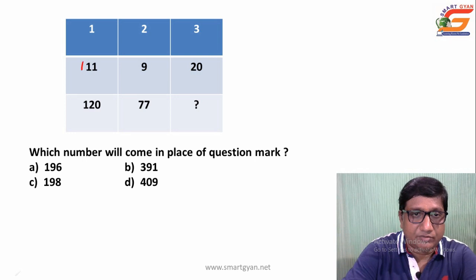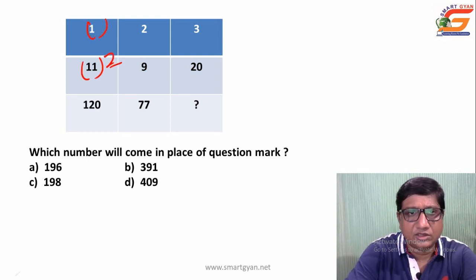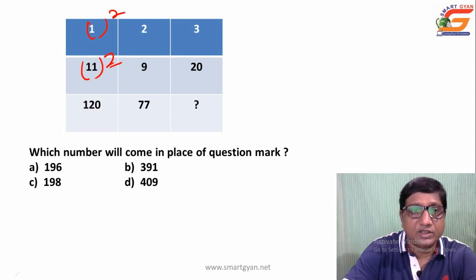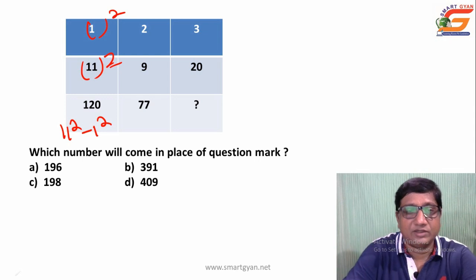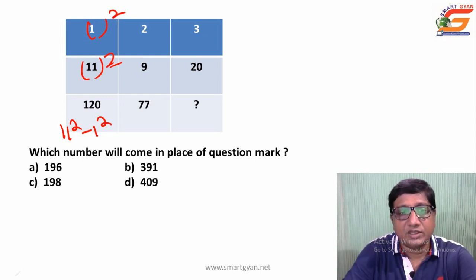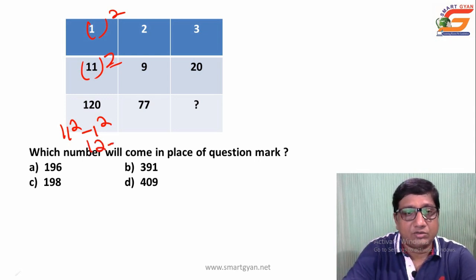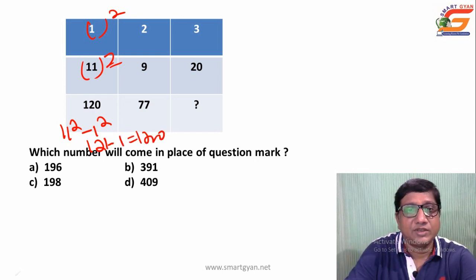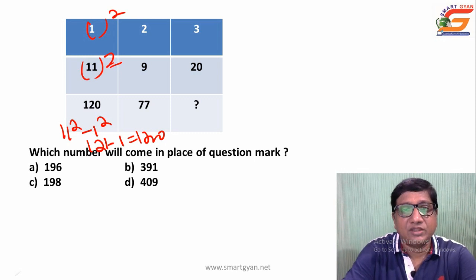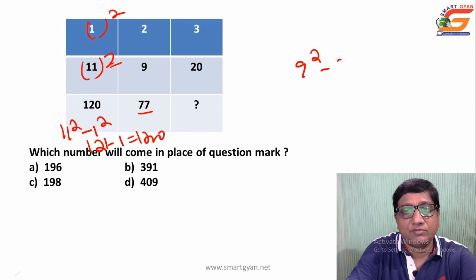But if you think of 11 square, then 1 square is 1. So it can be 11 square minus 1 square. Yes, it is coming to be 120. 11 square 121 minus 1 is 120. Then the second one: 9 square minus 2 square, 9 square 81 minus 4 is equal to 77.